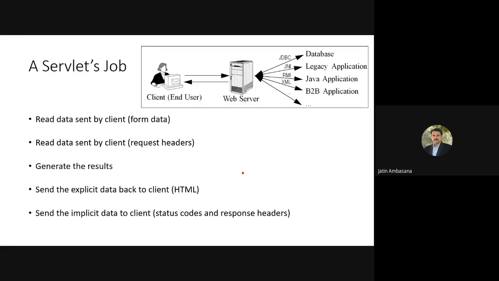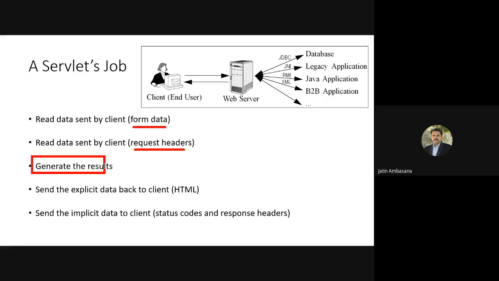We saw that it can read the data sent by the client through the form, and it can read data from the client in the form of request headers. So there are two types of data that it can read: form data and request headers.